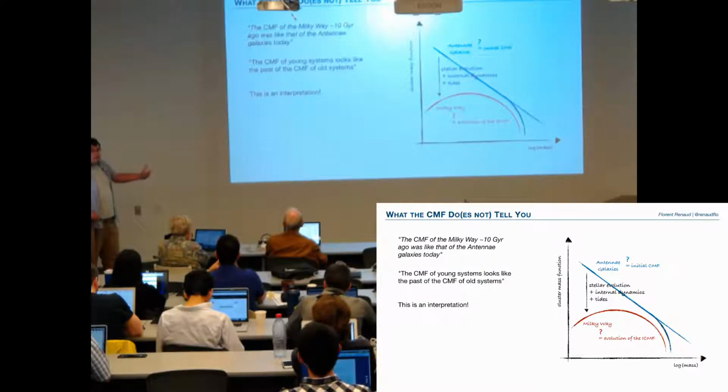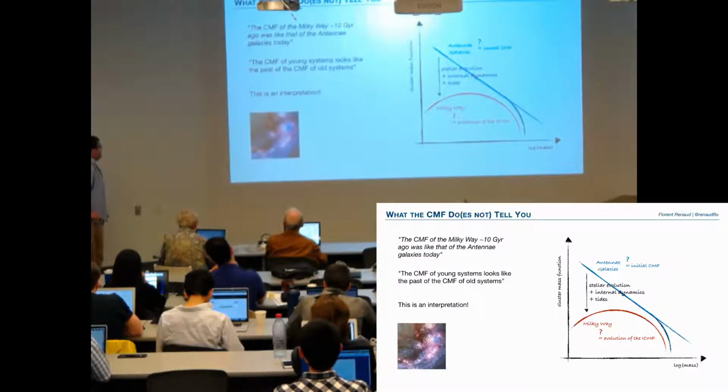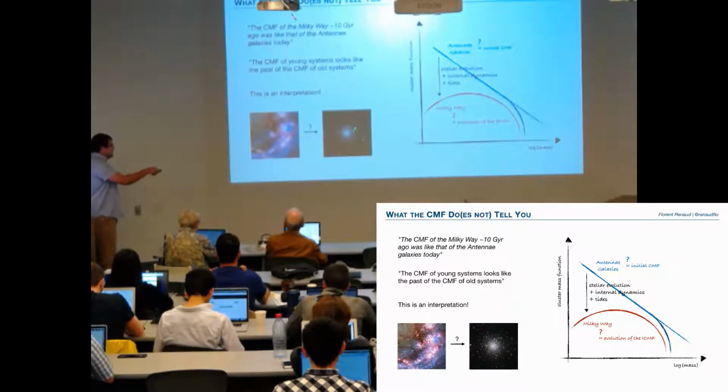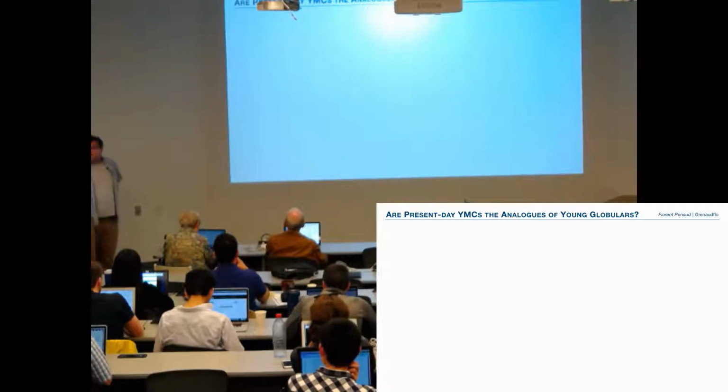And in the end, the underlying question is, if I take young massive clusters of the Antennae, for example, and I let them evolve, will they end up as globular clusters as we see in the Milky Way, and the other way around? Was this 10 billion years ago, something like that? So are present-day young massive clusters the analogs of young globular clusters?